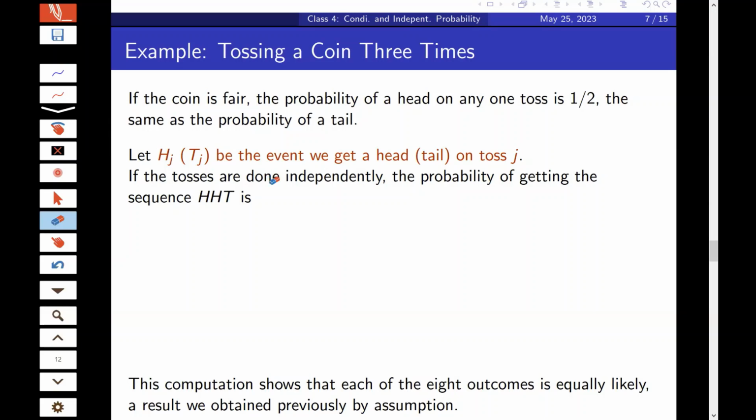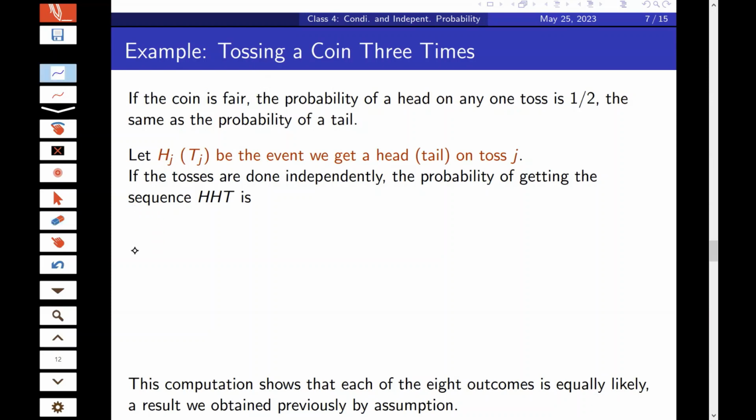If the tosses are done independently, that means your first toss does not depend on the second toss, and the second toss does not depend on the first toss and the third toss as well. If you are doing this independently, you can find the probability of getting head-tail as follows.